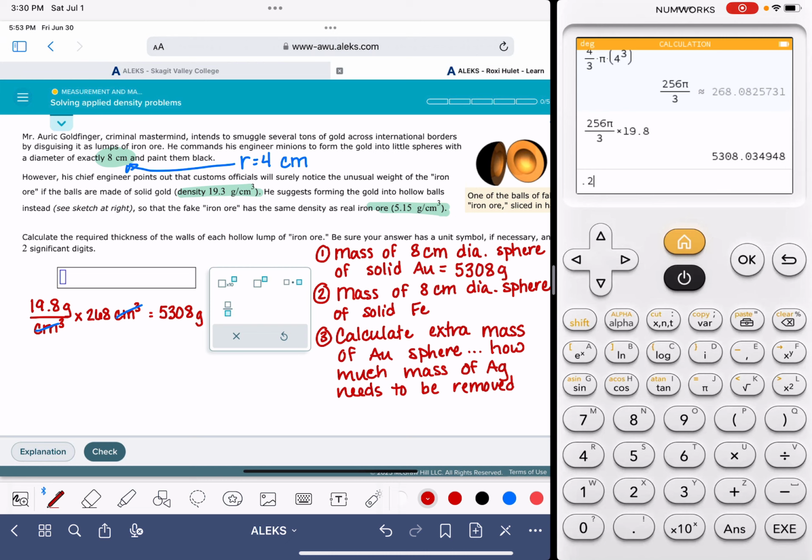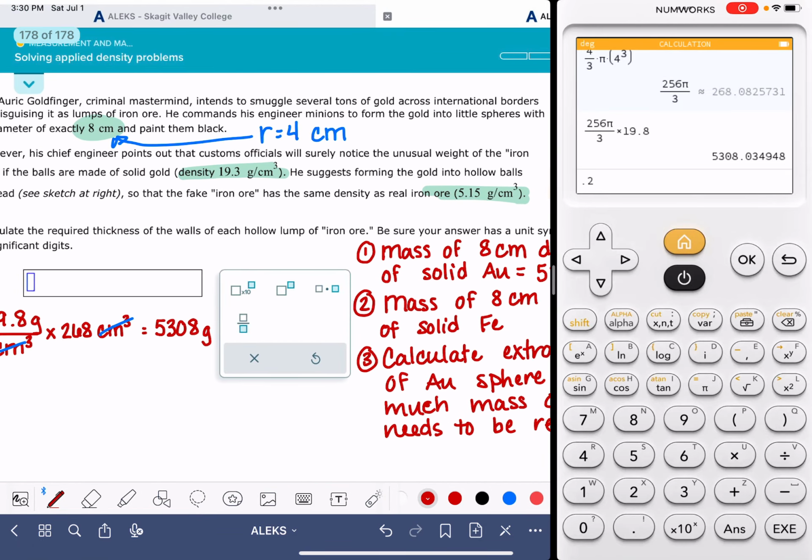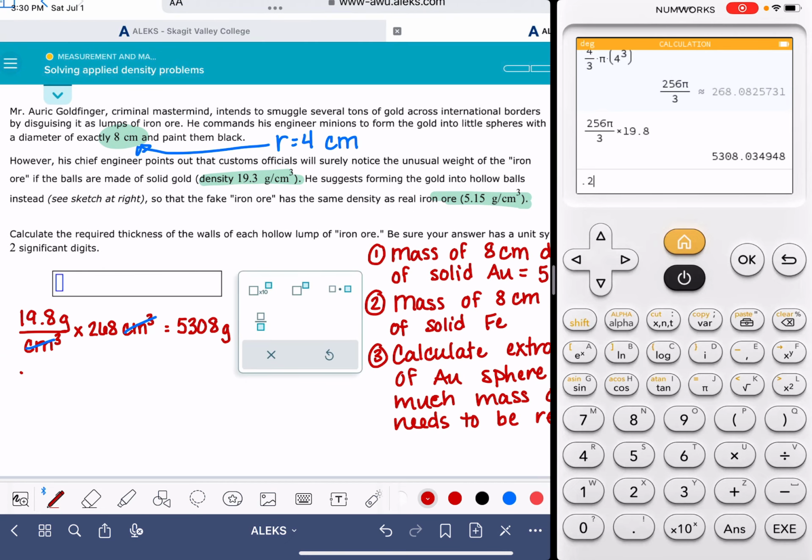5,308 grams. Now what we're going to do is calculate the mass of the sphere if it was made of solid iron. To do that, we're going to use the density of iron. It was provided to us, 5.15 grams per cubic centimeter. We're going to multiply it by the volume of the sphere.